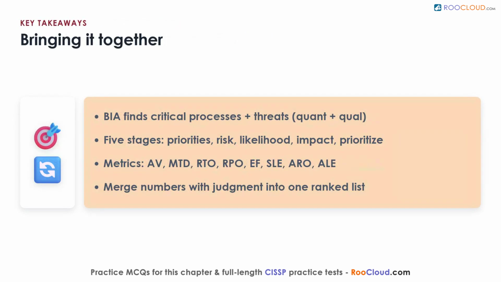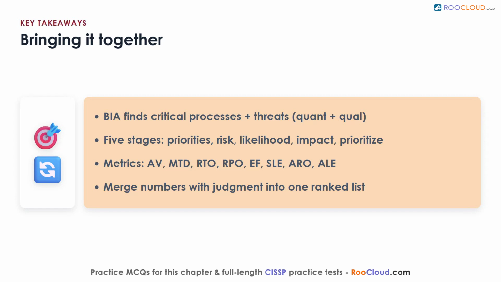So let's bring it together. A business impact analysis identifies your critical processes and the threats to them using both quantitative and qualitative views. It runs through 5 stages: identifying priorities, risk identification, likelihood assessment, impact analysis, and resource prioritization.